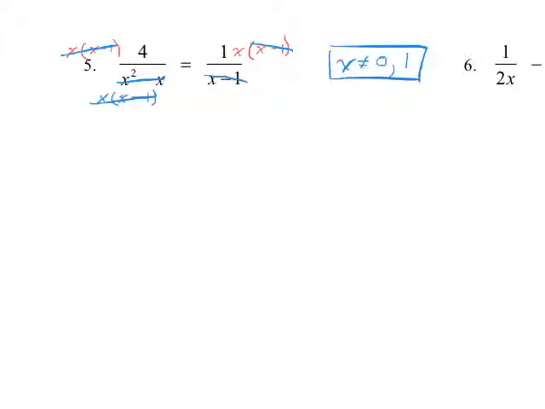And so right away we get 4 is equal to 1x, and there's our solution. Checking it against our non-permissible values shows that this is an acceptable solution, so there are no extraneous roots in question number 5. So we move on to question number 6.